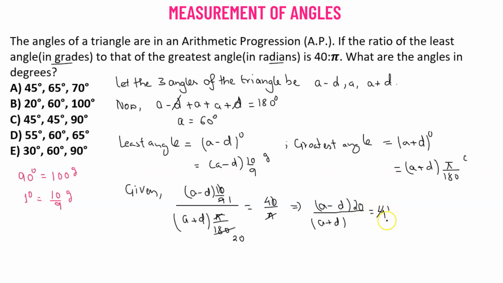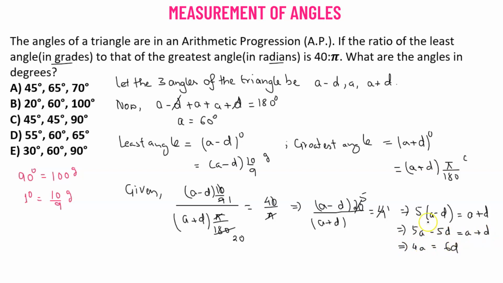And we know that 4 times 1 and 4 times 5 is 20. So finally we have 5 times A minus D equal to A plus D. This is going to be 5A minus 5D equals A plus D. So 5A minus A, that's 4A, equals 5D plus D, so that's going to be 6D.